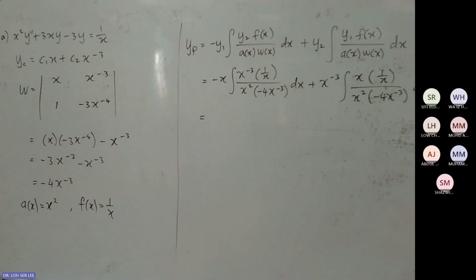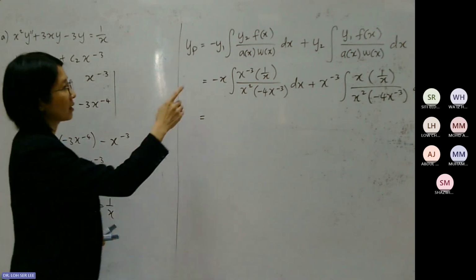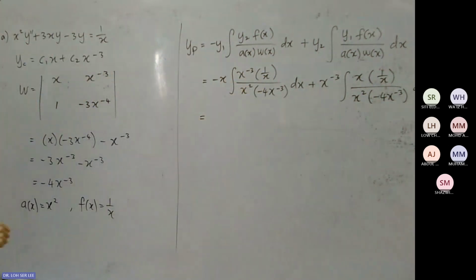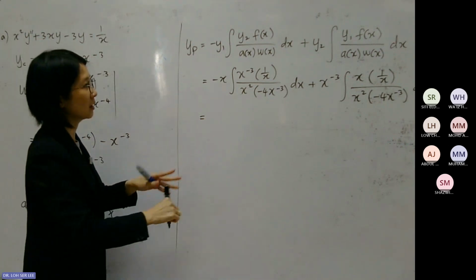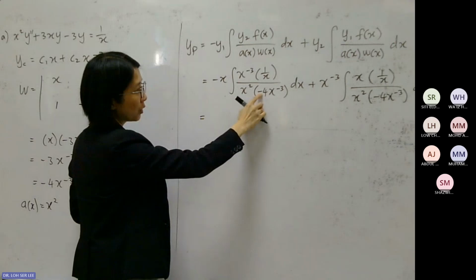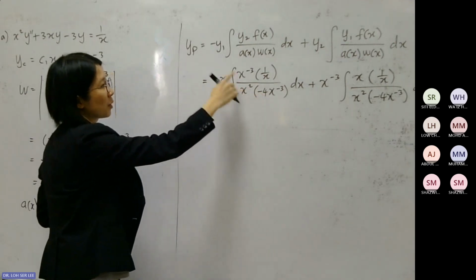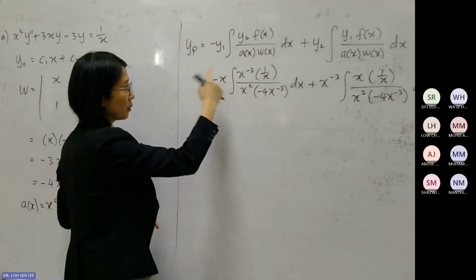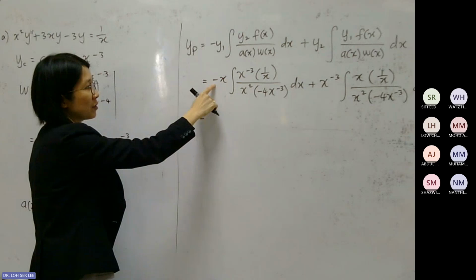Okay, now what is the constant that you can factorize? Negative 1 over 4, right? Negative 4 here, that means 1 over -4, so -1 over 4 times this.